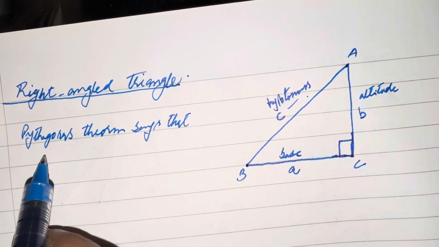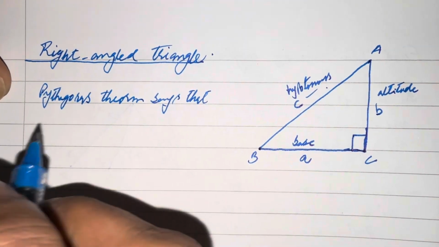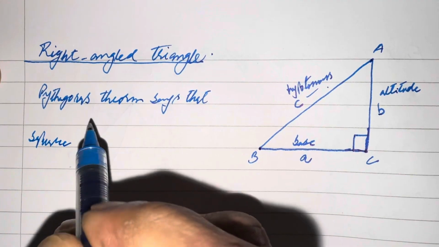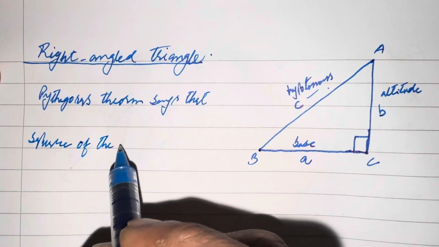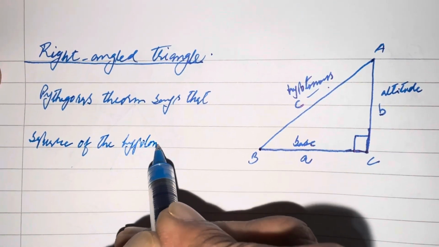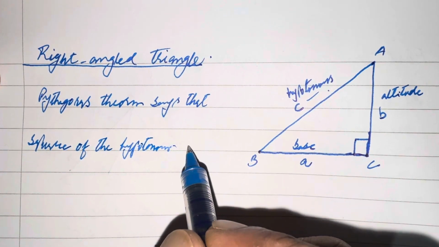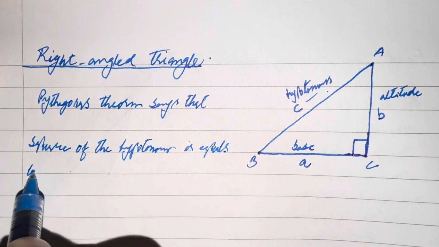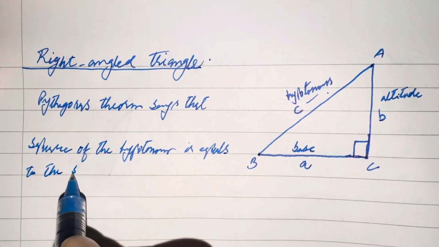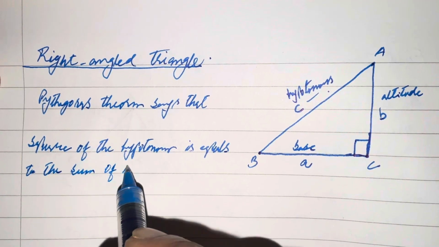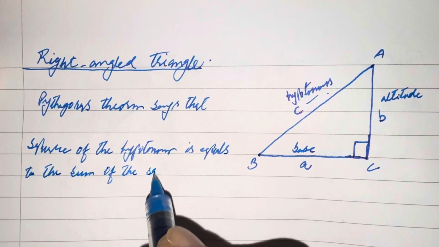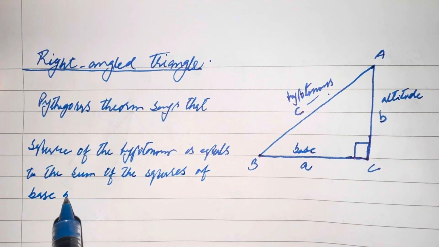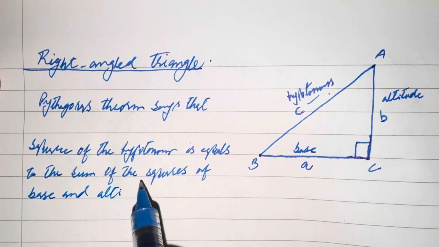We can write the statement: square of the hypotenuse is equal to the sum of squares of base and altitude.